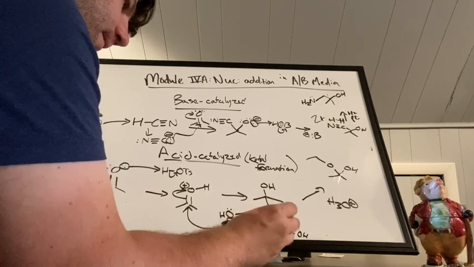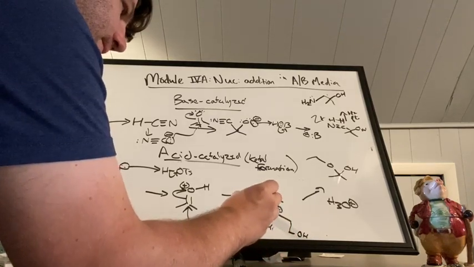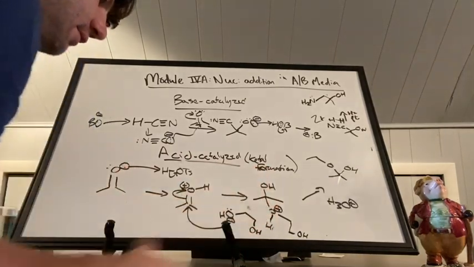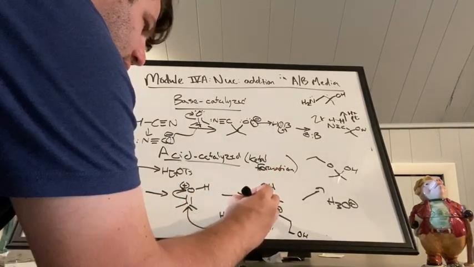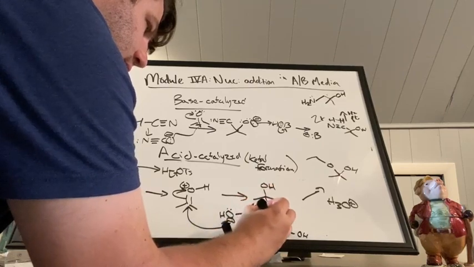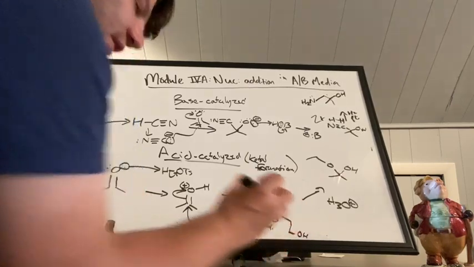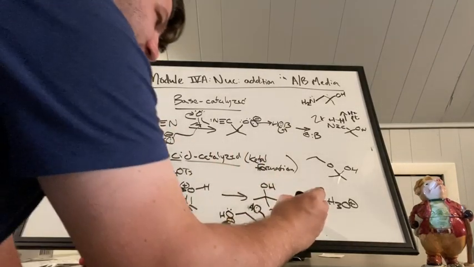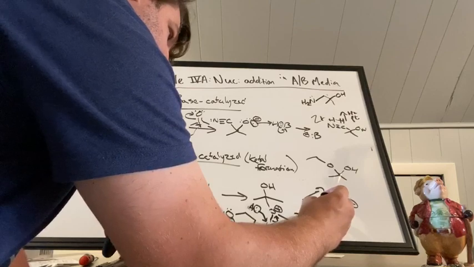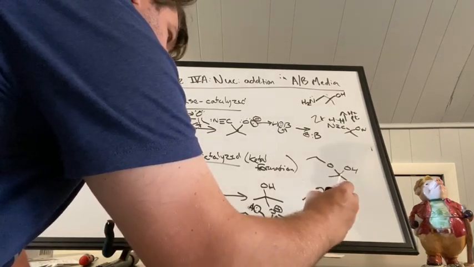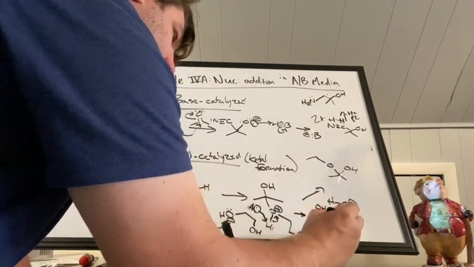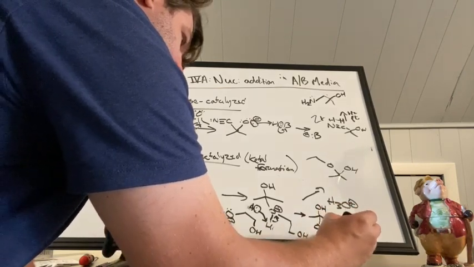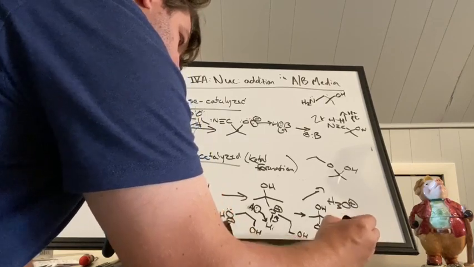Okay, so some conjugate base of an acid basically picks up that hydrogen and pushes these electrons back to where it's going to be uncharged. Okay.